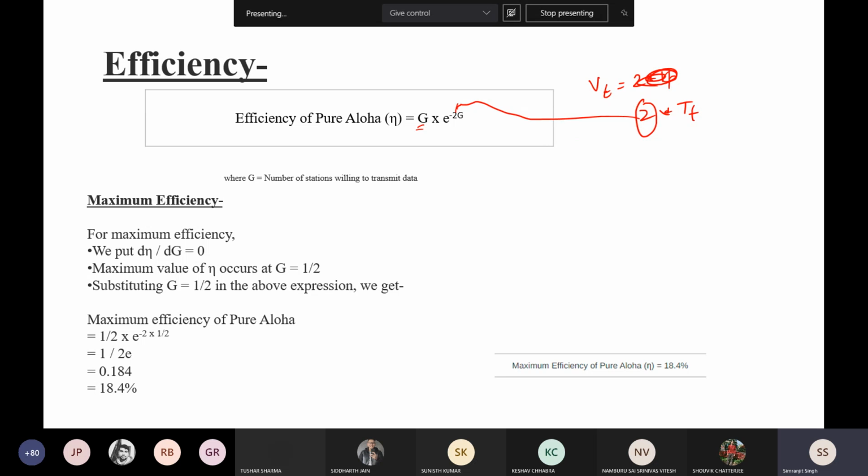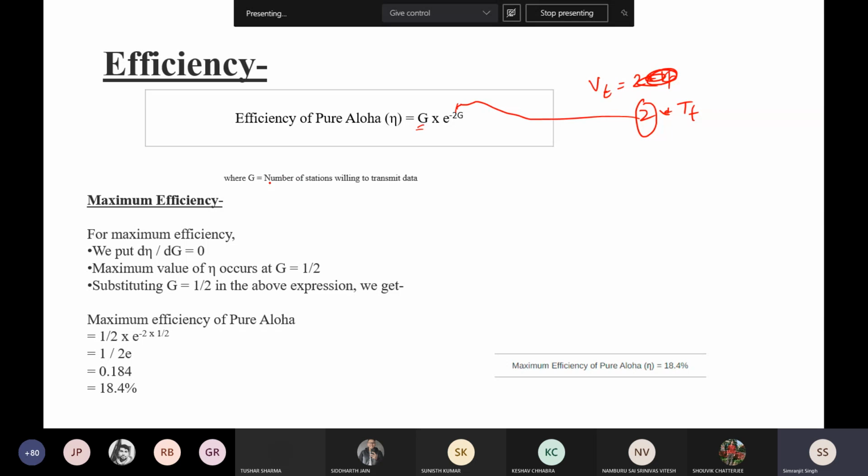In books also the derivation of this formula is given, but I think it is not that important because that is not in practical implementation. But still, if you want to look at it, you can go to books and look at how this formula is derived. Now I'm just giving you a little hint here. That is why I've taken the vulnerable time, so this 2 comes from this vulnerable time.